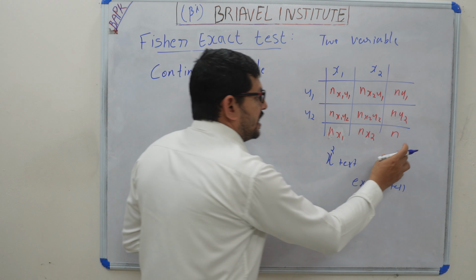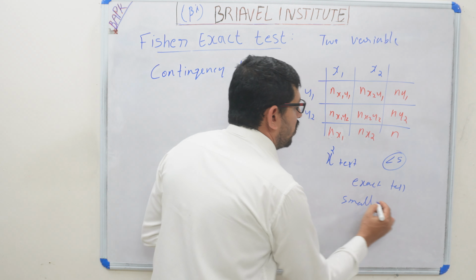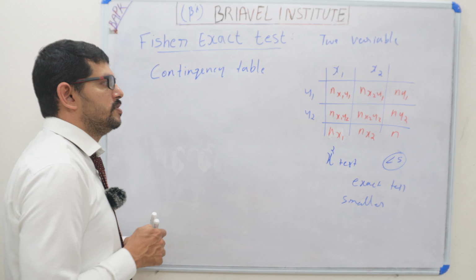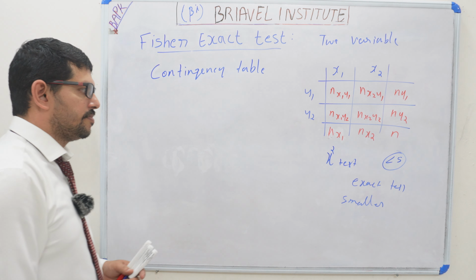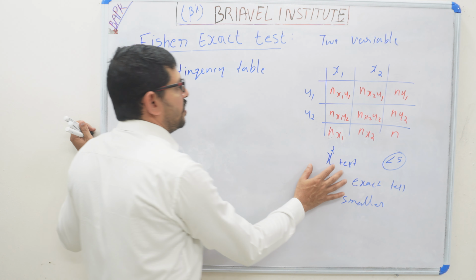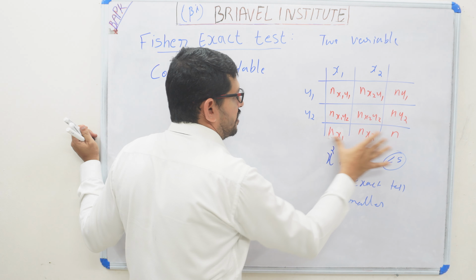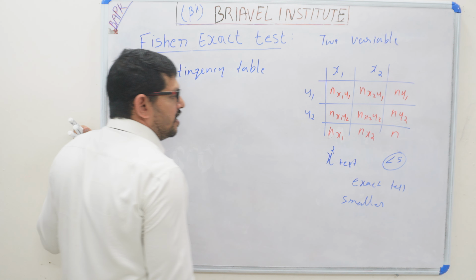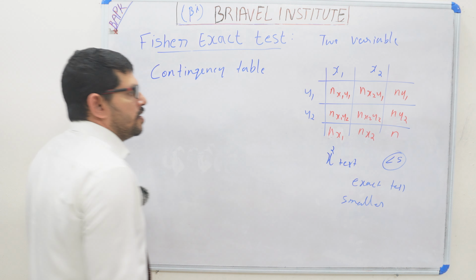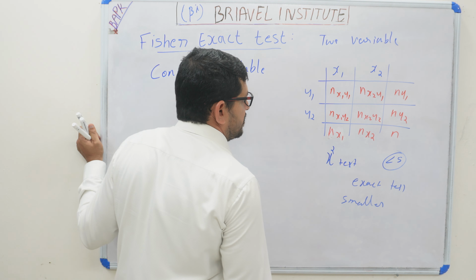When the values are smaller in any of the observations, we can use the Fisher-Exact test. The chi-square test was already studied in the last class. In the contingency table we make the expected values, and after that we use the chi-square test. Now, if values are smaller, then we will use the Fisher-Exact test.